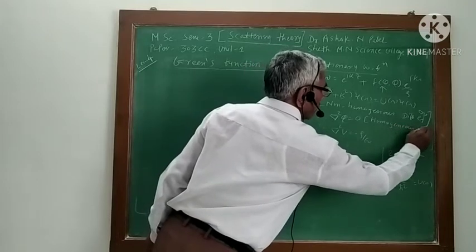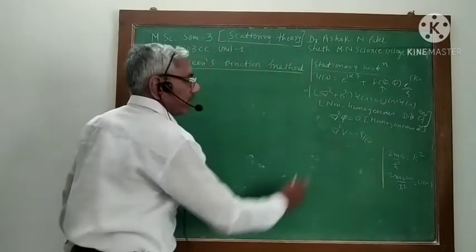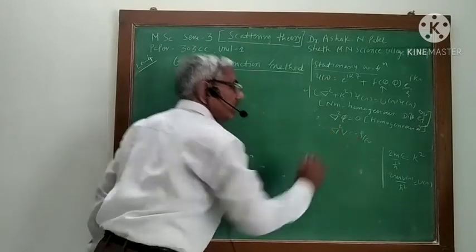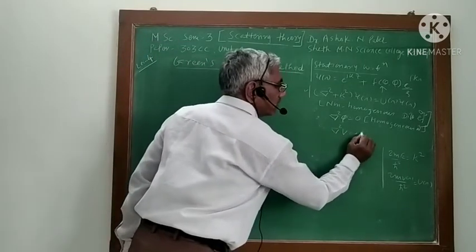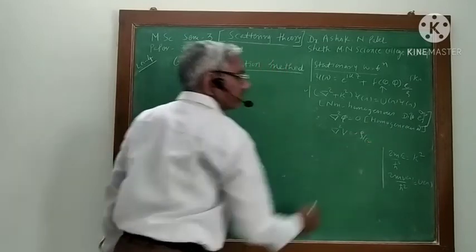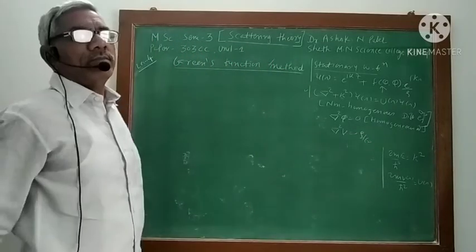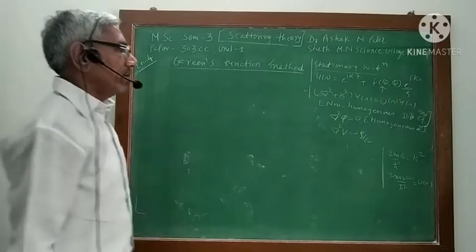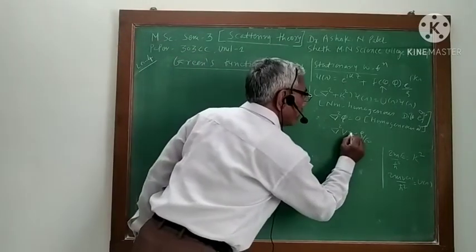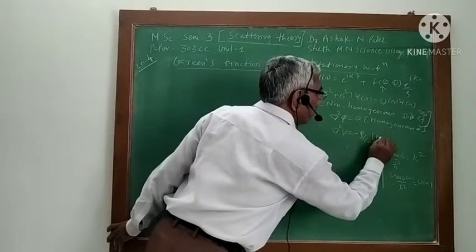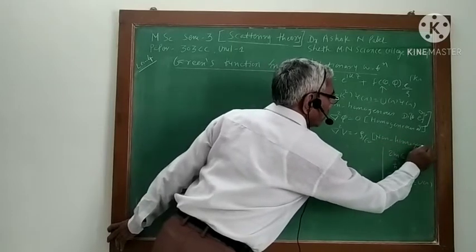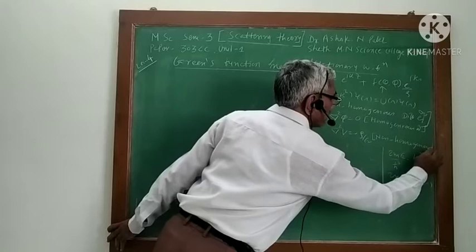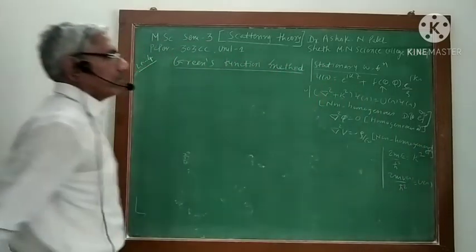But when this is equal to something not 0, in this particular case suppose ρ is the charge density, that is your source term, and it is not 0. Then it is called a non-homogeneous equation.